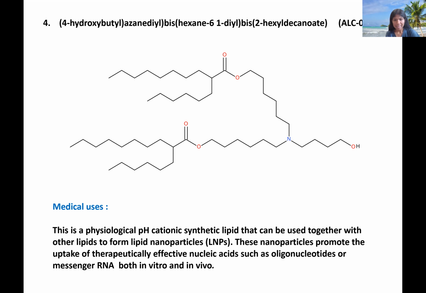So in this case, for this Pfizer vaccine, these lipid nanoparticles promote the cellular uptake of messenger RNA within our human body, so that our human body can consume more of the mRNA. So these lipid nanoparticles help in that. Okay, so these are the four different types of lipids we have used in our Pfizer vaccine.